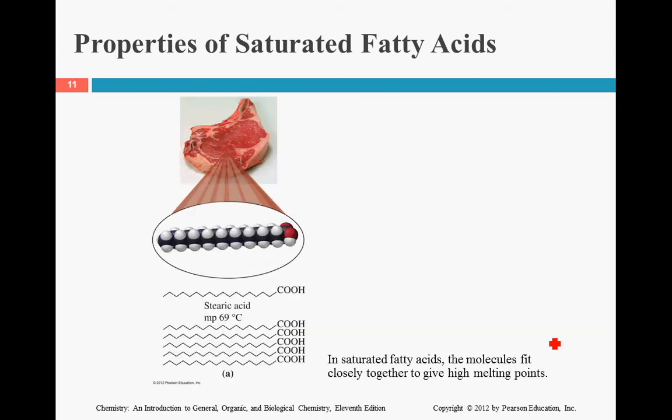If we look at this steak up here, this fat right there is caused by a saturated fat. Notice the carbon chains are able to stack nice and neatly on top of each other. Because of that, it's more rigid. Since it's more rigid, it's a solid because of the interactions. They kind of get stuck.